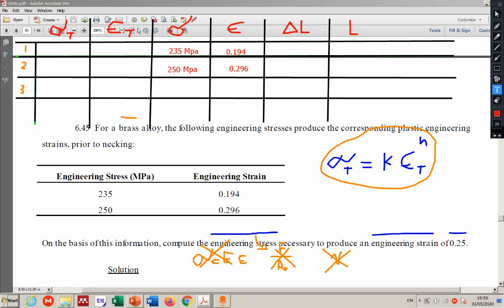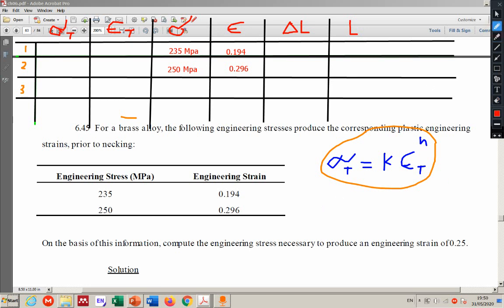Now, how do we convert engineering stress to true stress and engineering strain to true strain? By using the equations that we know. Let me write them somewhere here.